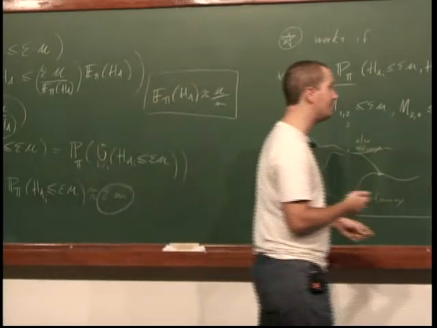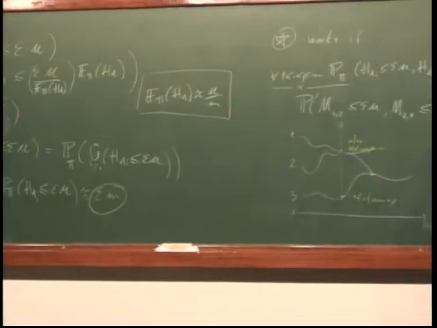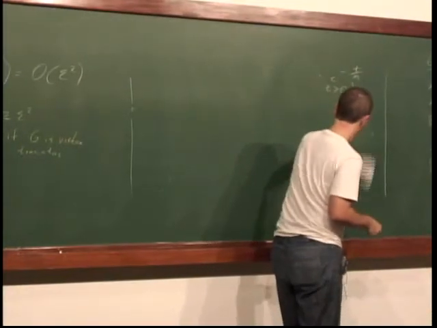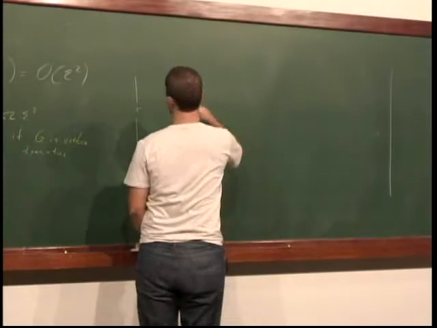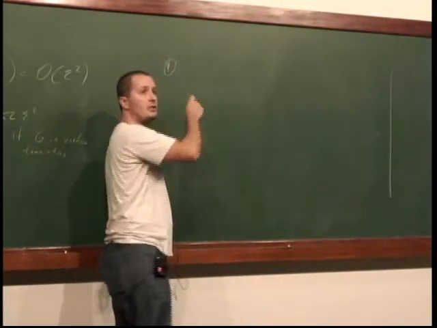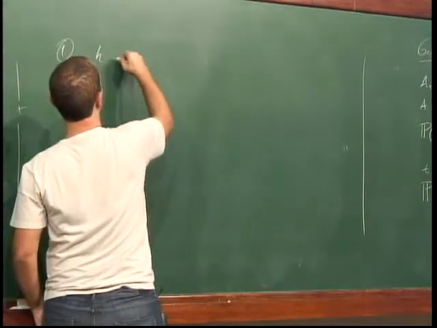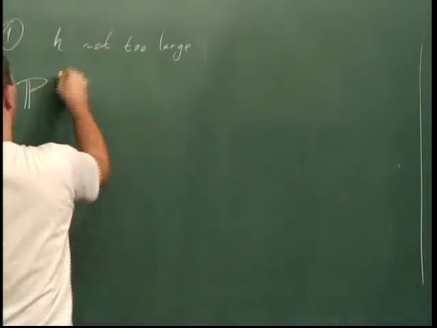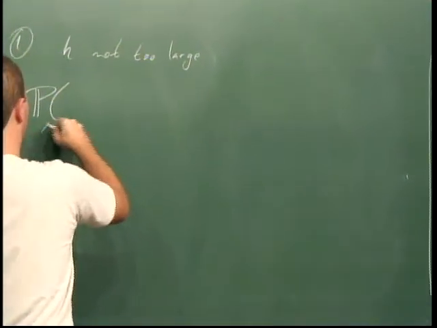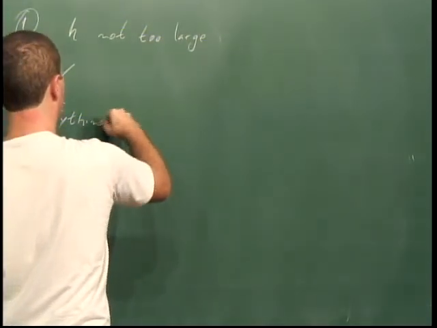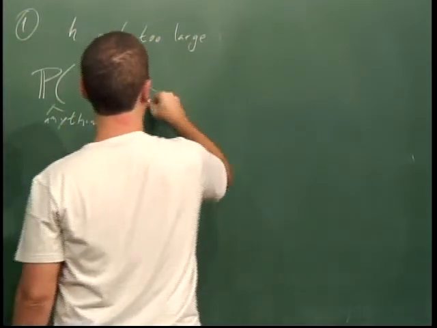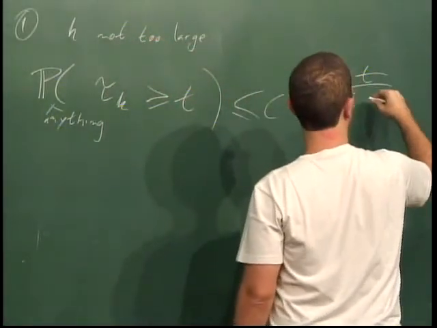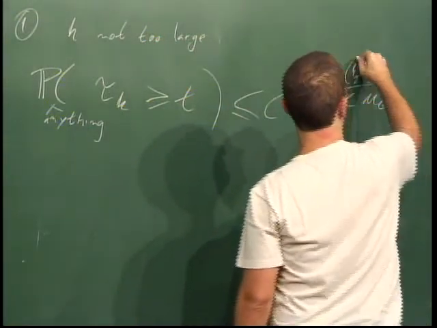But let me say something simple, which is actually the best I can do for general graphs. Say you have many particles. The first thing is that the exponential approximation is always an upper bound. So if k is not too large, from any initial state, the probability that the first meeting time of k particles is larger than t is going to be less than a constant times t over mu sub g, with a k choose 2 somewhere.